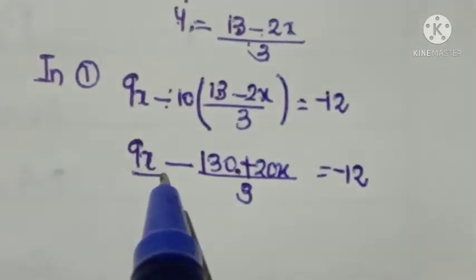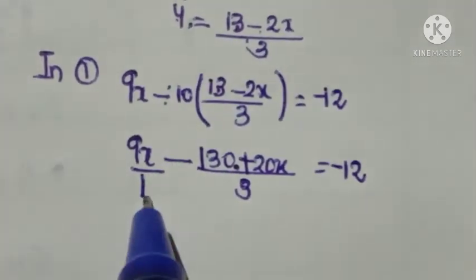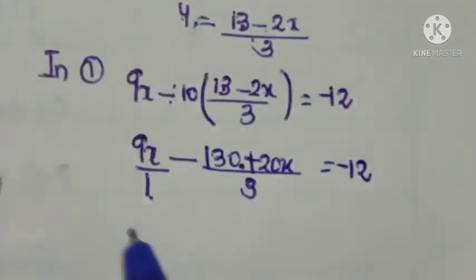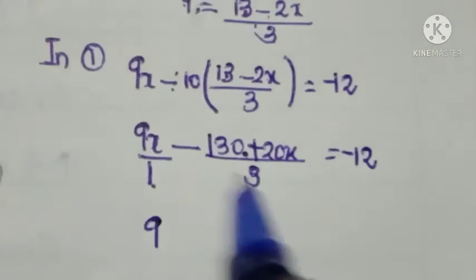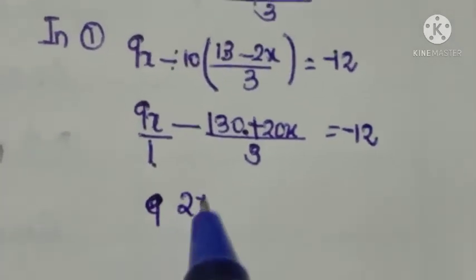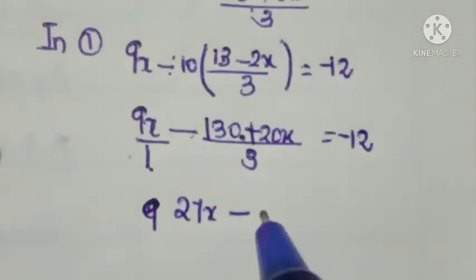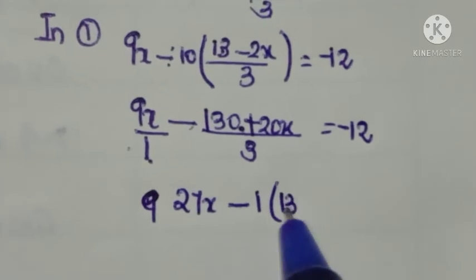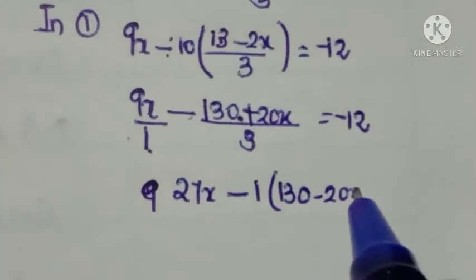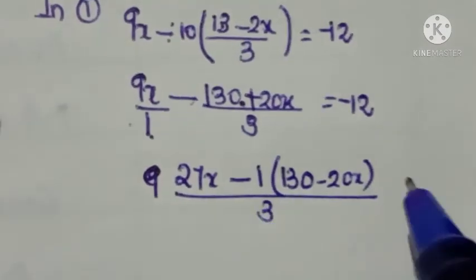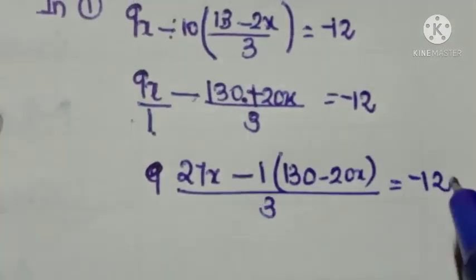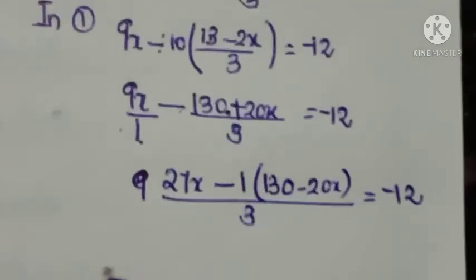Now this 9x can be written as 9x by 1. Take cross multiplication. So this is 9x into 3, 27x, minus 1 into (130 minus 20x), divided by 1 into 3, 3, equal to minus 12. Okay.